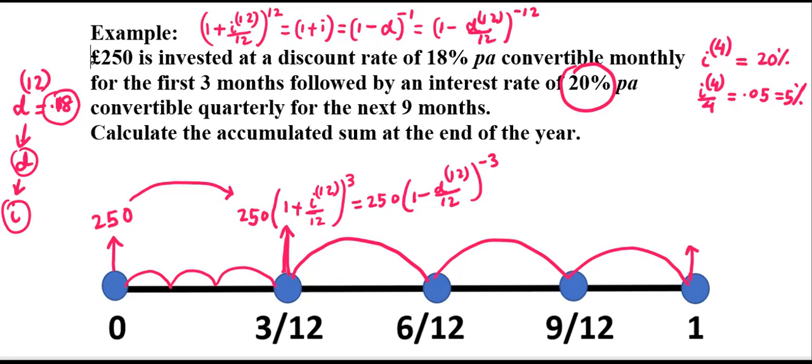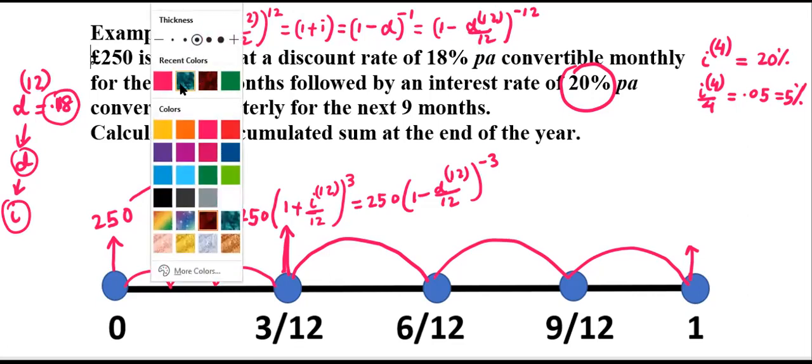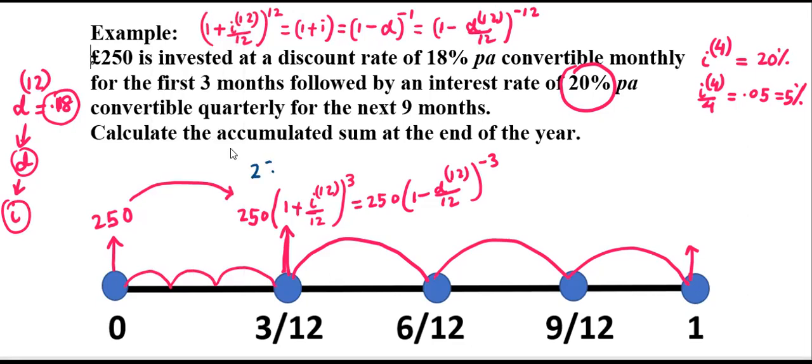So if you put the value, you multiply. After that, you check that you get 261.60. Let me write here 261.60. This is the value.